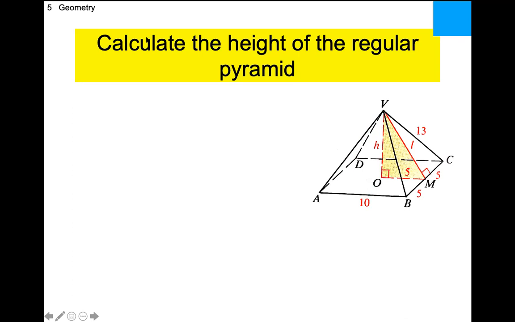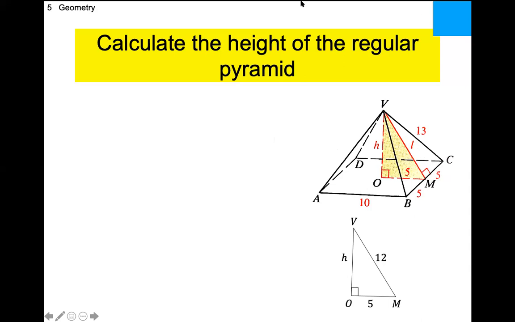Well, this one's a bit more complicated because look what we got. On that triangle, there are 3 unknown sides. L is unknown, there's H, there's 5, but check it out. We would actually have to calculate L first for this one. So in order to find H for this particular problem, we have to calculate L as well. Well, we know how to do that from the previous problem, right? If we look at the previous problem, we would do that calculation and find that the slant height was 12.